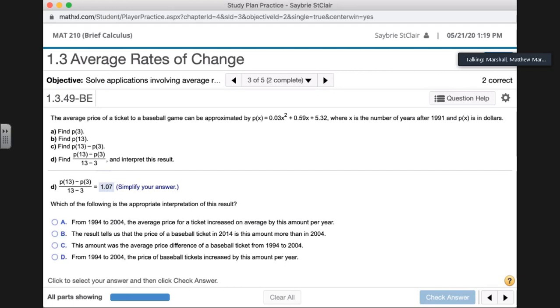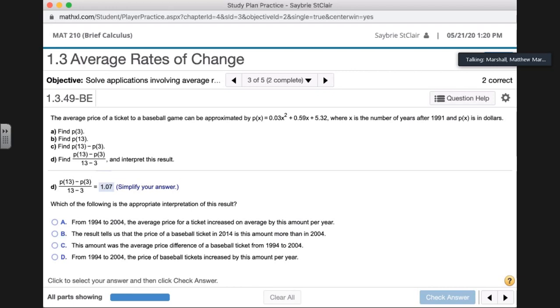I don't know. What's it say? Does it explain that right there? It doesn't have question help. Because you're finding the average rate of change. It's almost like if we had a graph and the first point was 1994, and that cost was $7.36, and then the next point 13 years later is 2004.